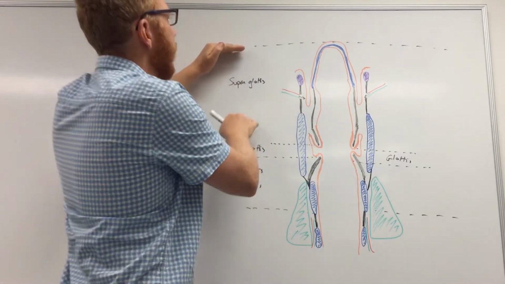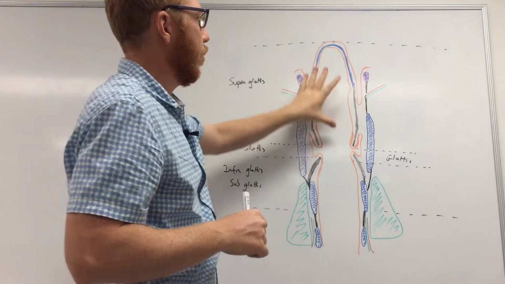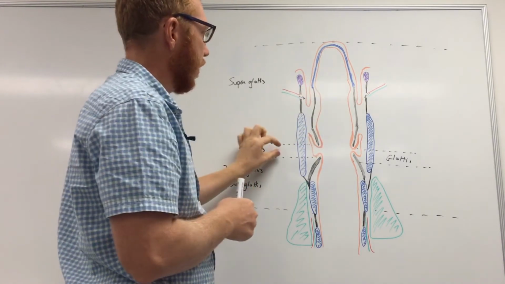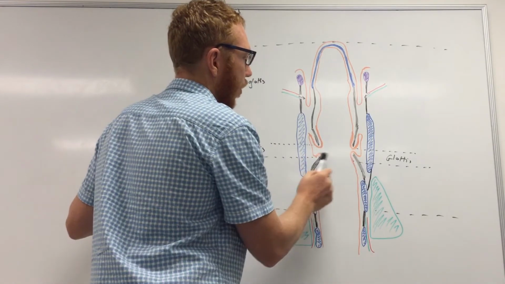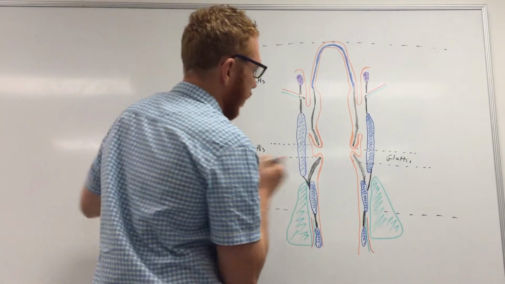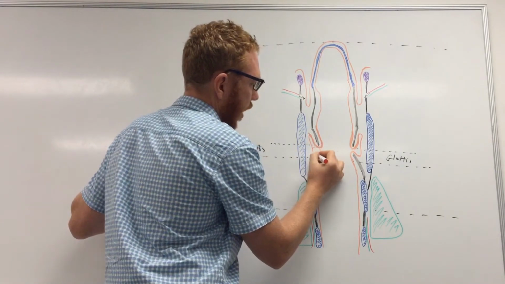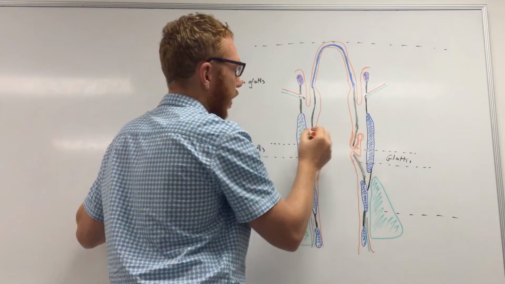So the supraglottis, as we said, is from the inlet all the way down to the vestibular fold, and that's the widest section. Then go down to the glottis. This is between the vestibular fold and the vocal fold. Now there are some structures in here: in this area, this big gap here, that's the ventricle, whereas up here is the saccule.